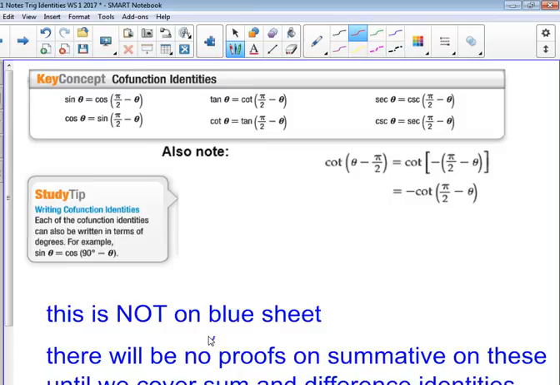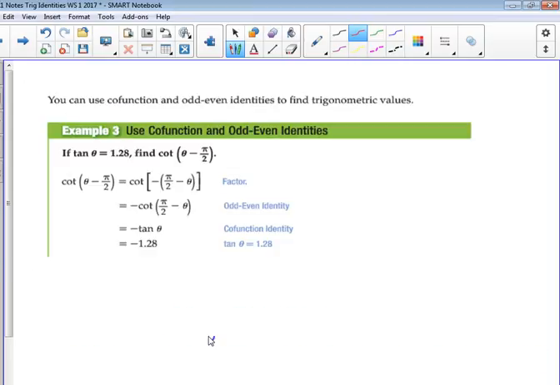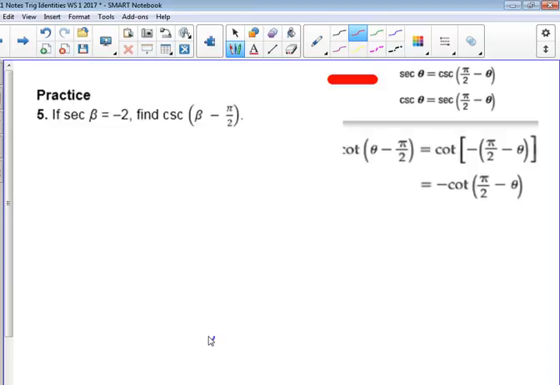With that in mind, I'm going to show you one example that kind of hurts my head. This example is at the bottom left-hand corner. Try to follow, but I promise I would never put this on a test or quiz, all right? It says the secant is -2. The reason this is such a tricky question is it wants to know what is the cosecant of beta minus pi over 2.